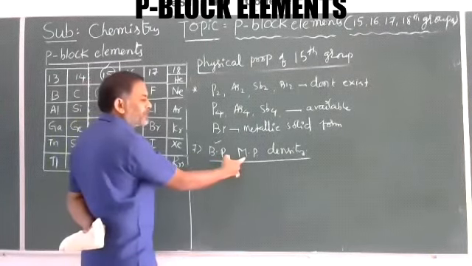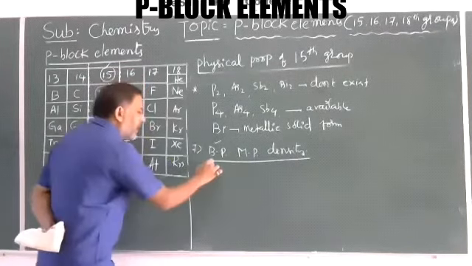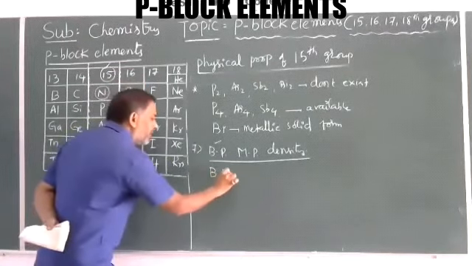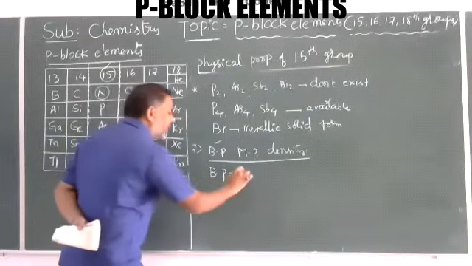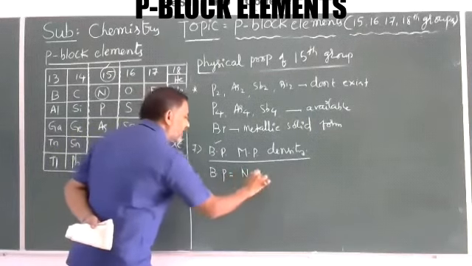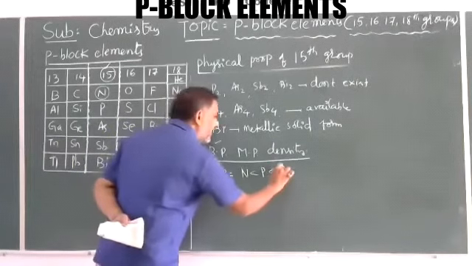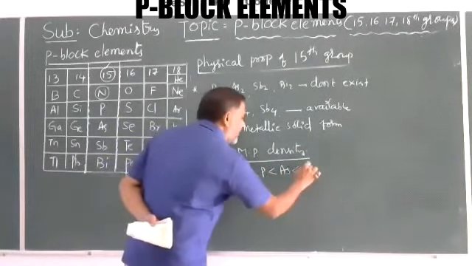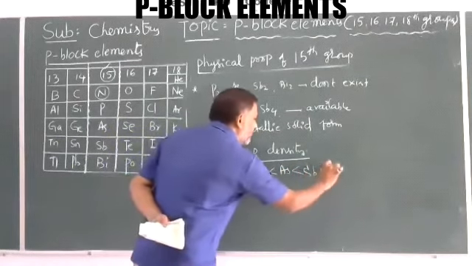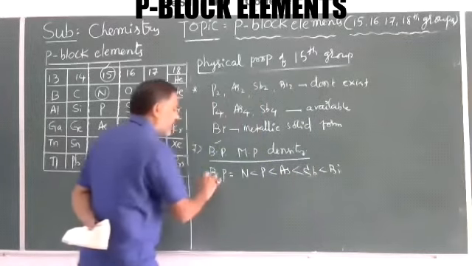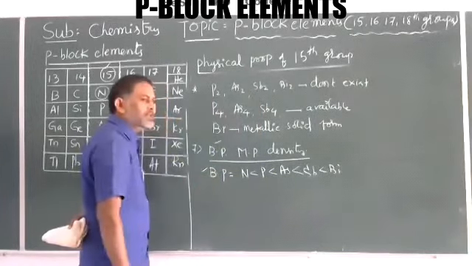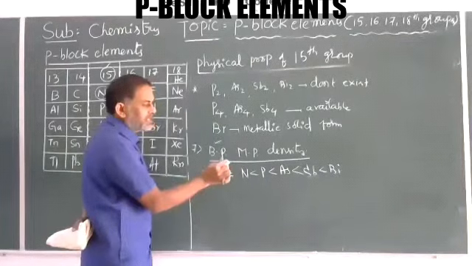For solids we use melting point. The boiling point order is nitrogen less than phosphorus less than arsenic less than Sb less than Bi. The boiling point increases with increasing atomic mass as well as size.